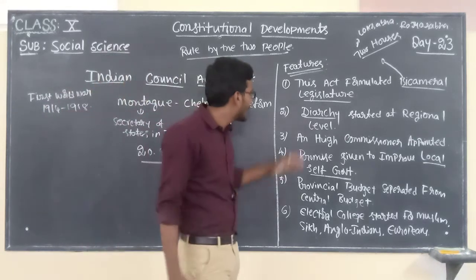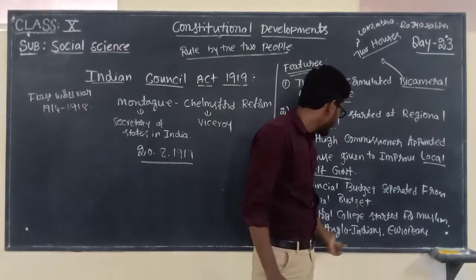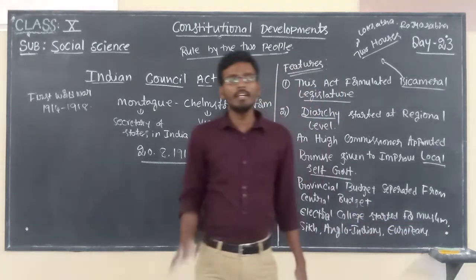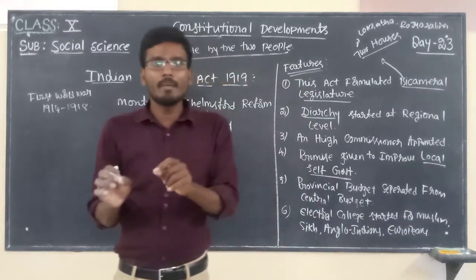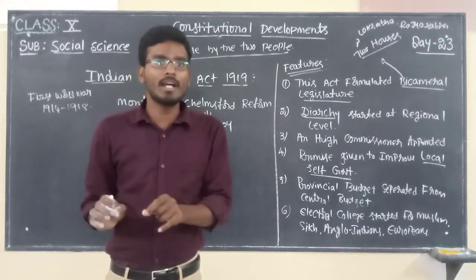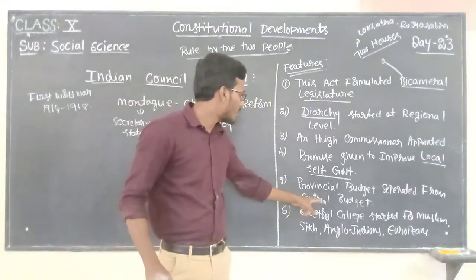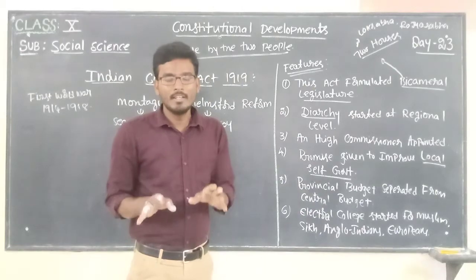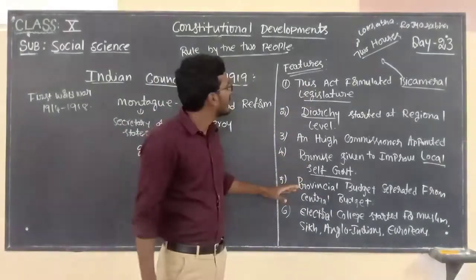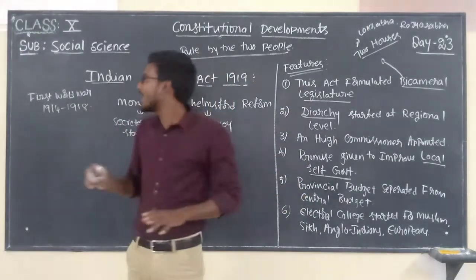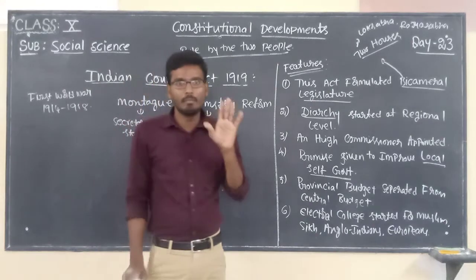That is extended in this act to the Sikhs, Anglo-Indians and the remaining Europeans. Means whoever the minority religion people are there, for all those minority religion people, this separate electoral college was started. So with these implementations, the Indian Council Act 1919 is very important.